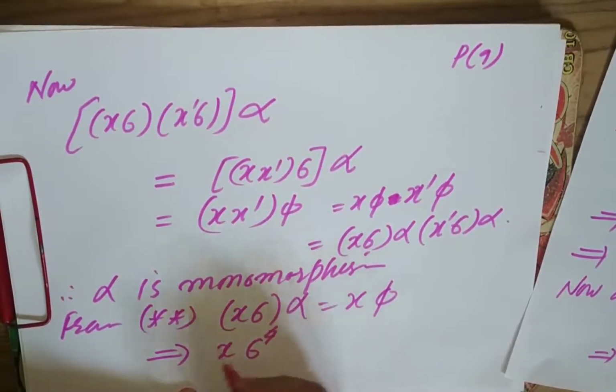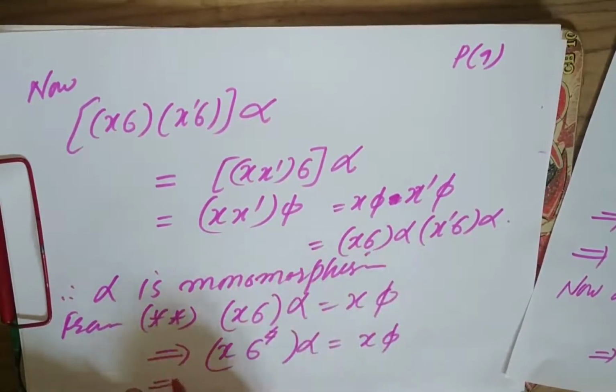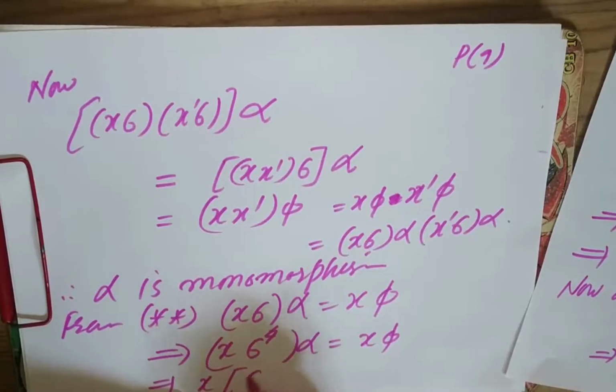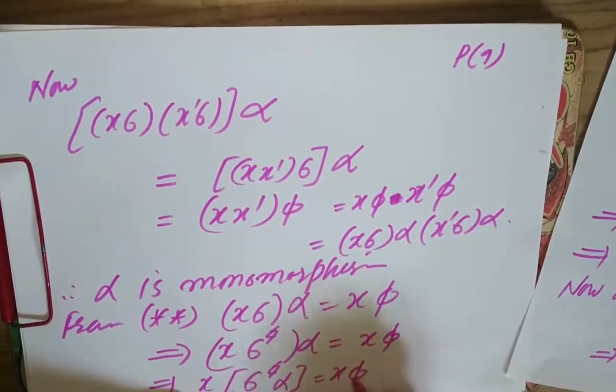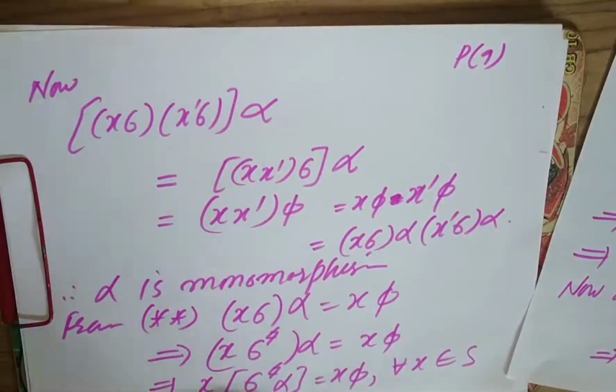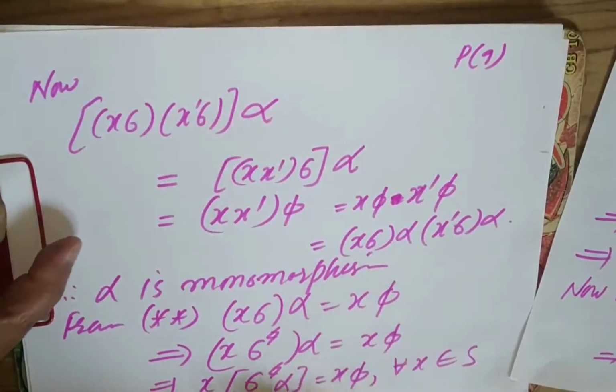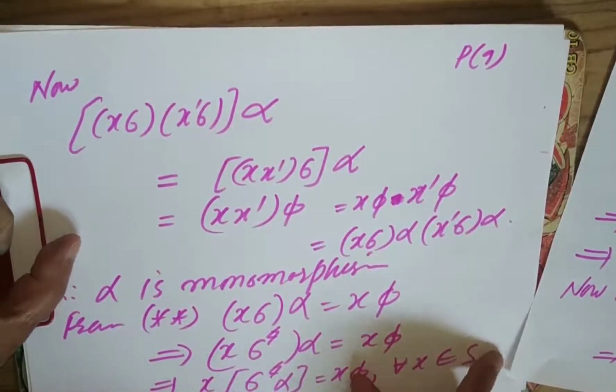This is already done. It's equal to x phi, and this means x sigma natural alpha is equal to x phi for all x in S. So that means the image of sigma natural alpha is the same as the image of phi, because they are equal at every point.